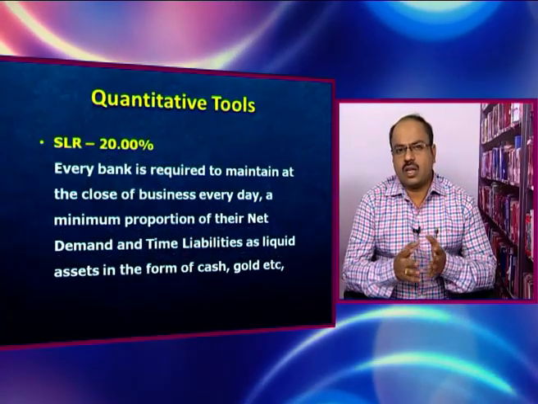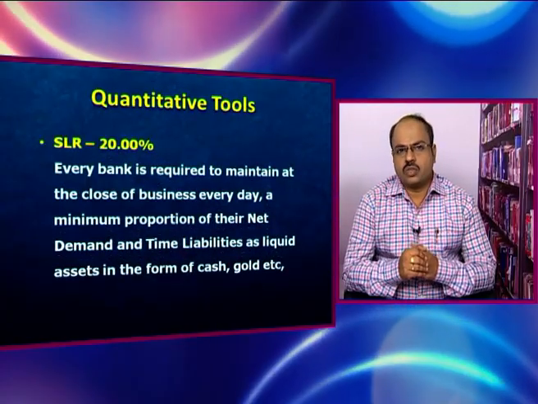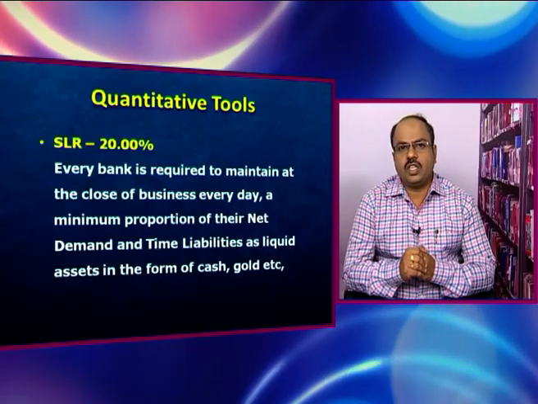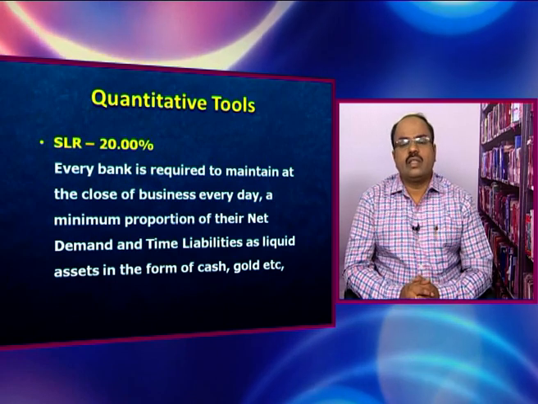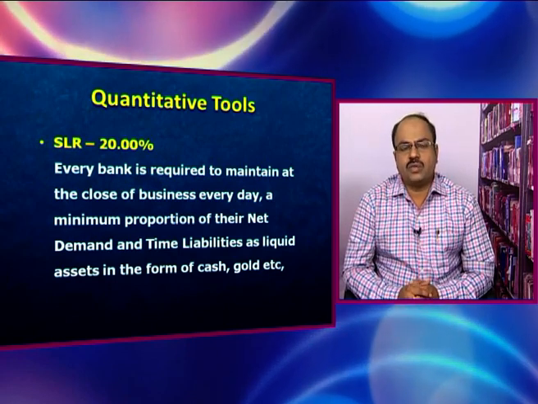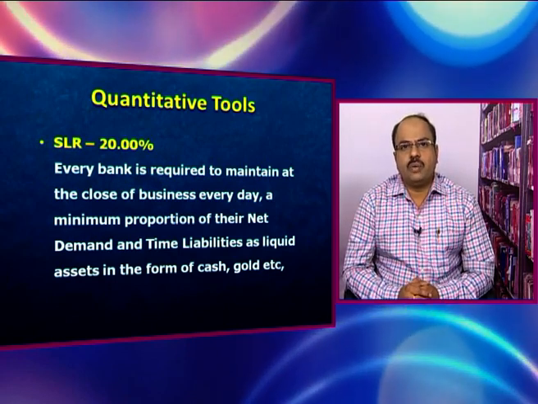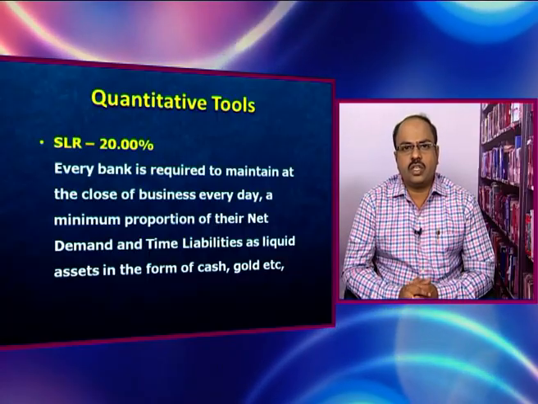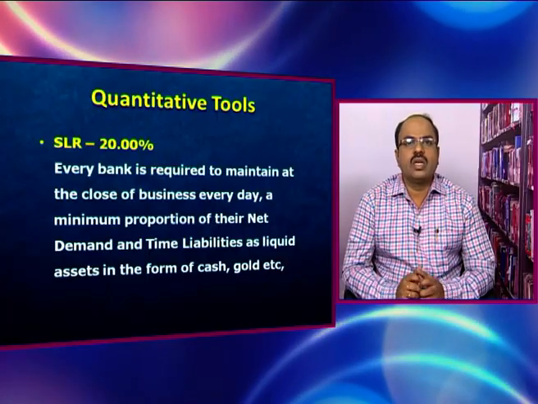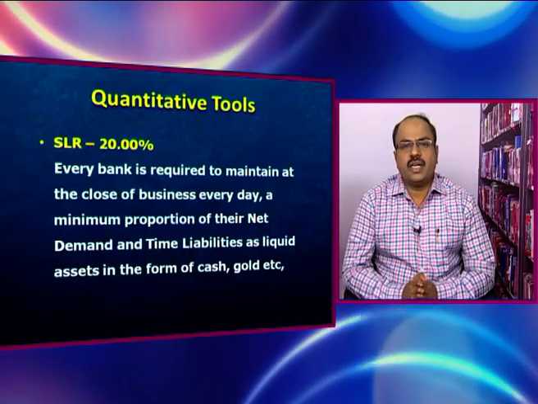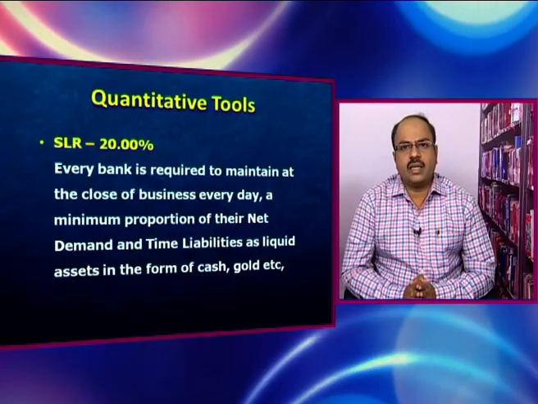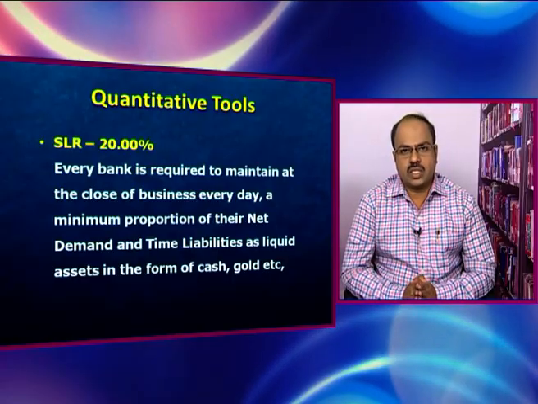Both CRR and SLR are nothing but reserve ratios. The statutory liquidity ratio is now at 20%. Earlier this was at 20.25%, now it is decreased to 20%. The statutory liquidity ratio is a ratio which is maintained on NDTL, net demand and time liabilities basis.